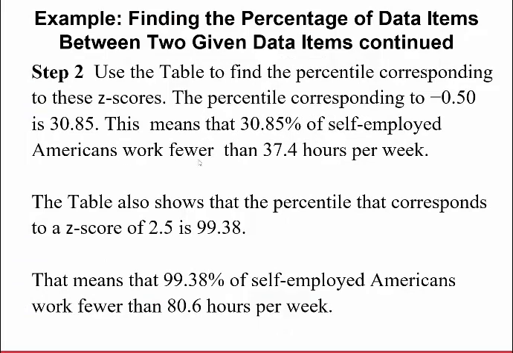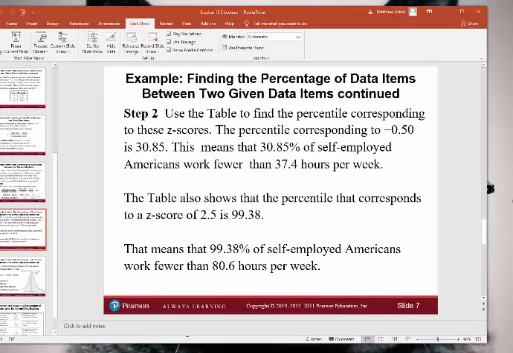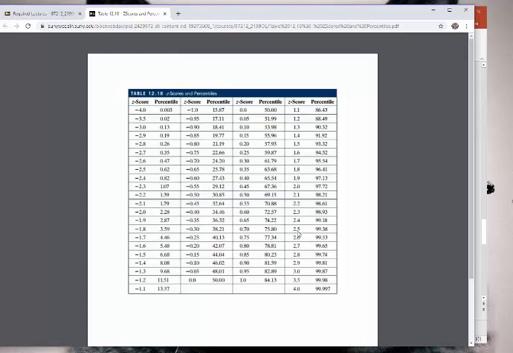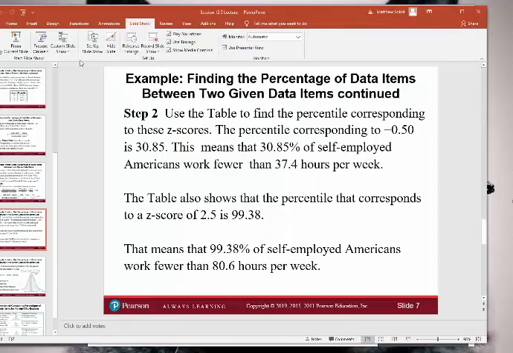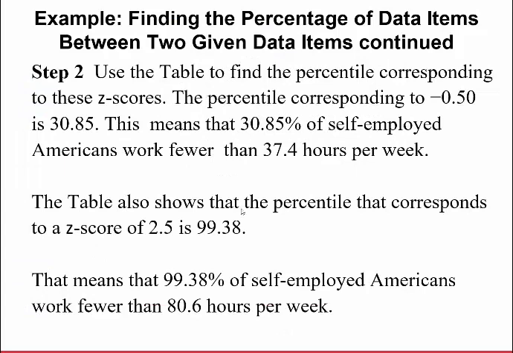That's the percentage of people who work less than 37.4 hours. The table shows that the percentile that corresponds to the z-score of 2.5 is 99.38. This means that 99.38% of self-employed Americans work fewer than 80.6 hours.